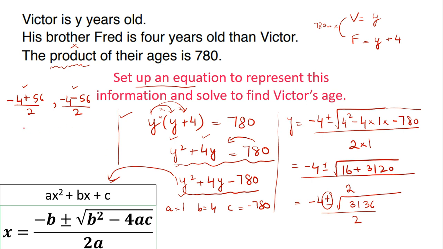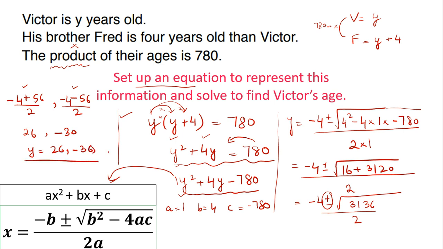That over 2 is going to give me 26. And then I have a negative 56 and a negative 4, which means I'm going to have negative 60. And negative 60 over 2 is supposed to give me negative 30. So the two values of y are 26 and negative 30.